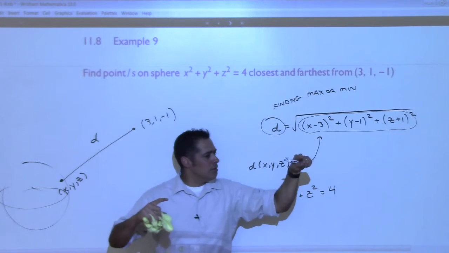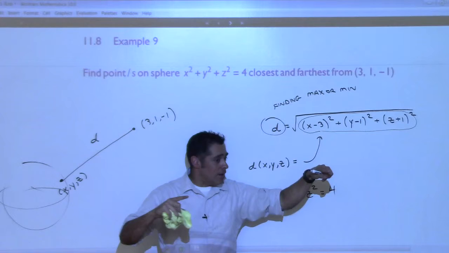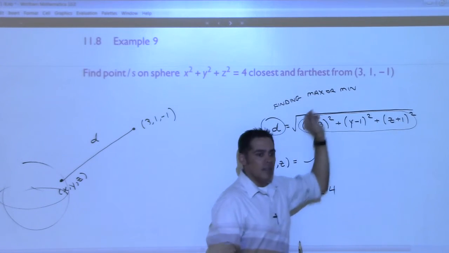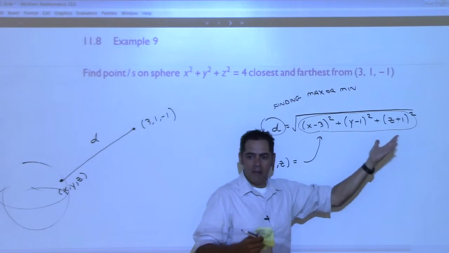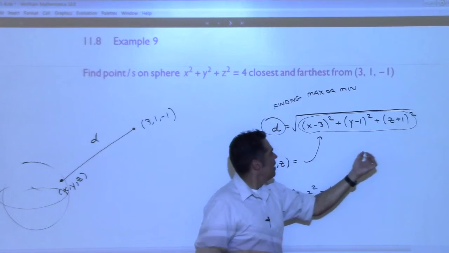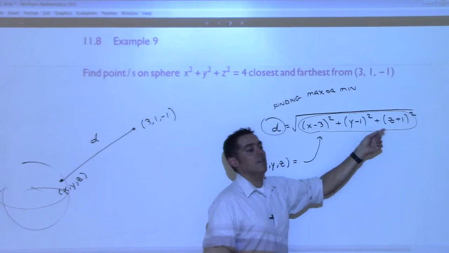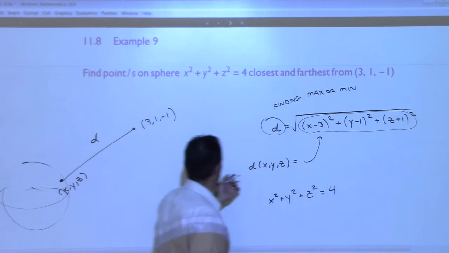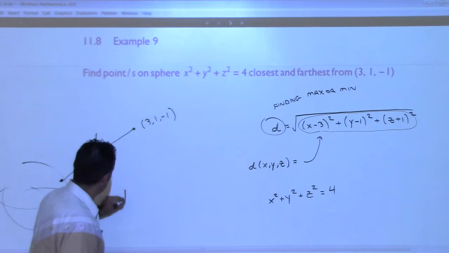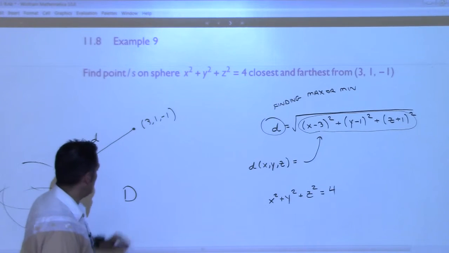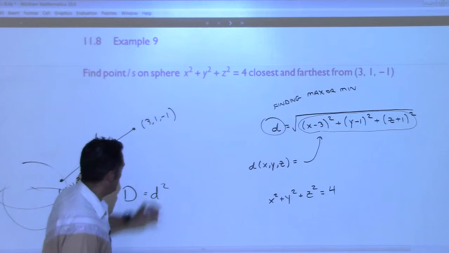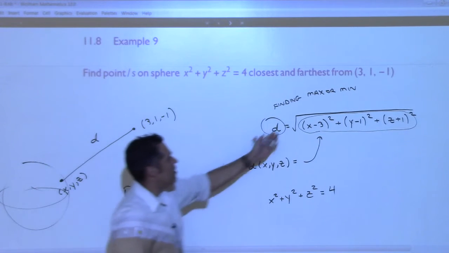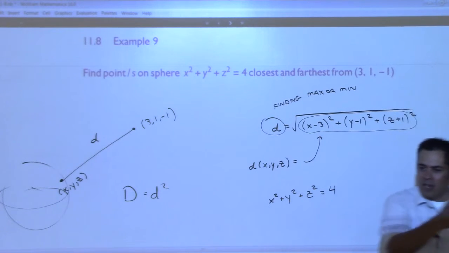The square root doesn't really matter, because the biggest this value is, the square root of it is still going to be the biggest you would get. And the smallest this is, the square root of that's still the smallest. So in other words, we start a new function, capital D, which is actually d squared, and we try to find the maximum and minimum of capital D, which would be this without the root, which is easier to take your partials of.